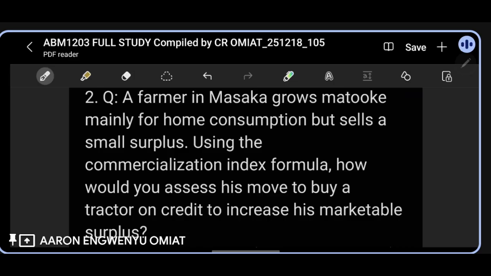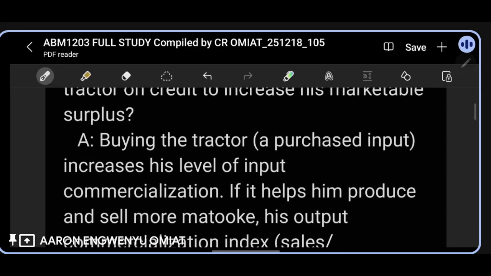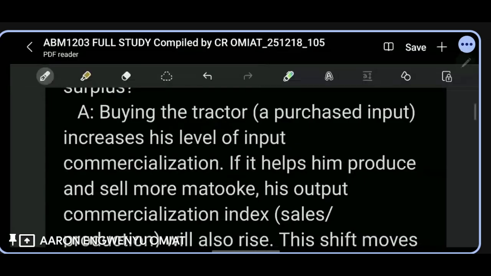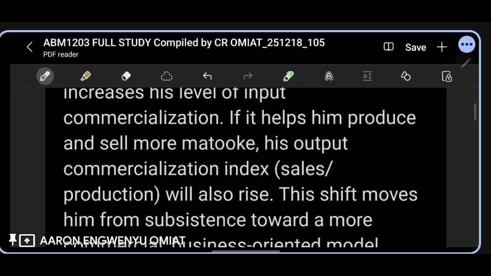And if he's able to produce more, his output commercialization also increases. Therefore, his level of commercialization in general rises. Let's see the answer here. Buying a tractor, a purchased input, increases his level of input commercialization. If it helps him produce and sell more matoke, his output commercialization will also rise. This shift moves him from subsistence towards a more commercial or business-oriented model.